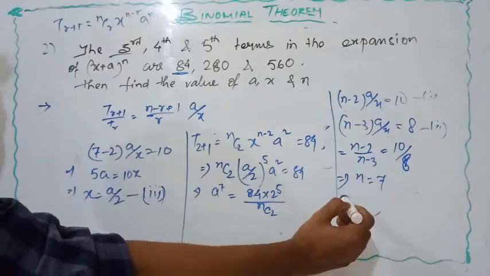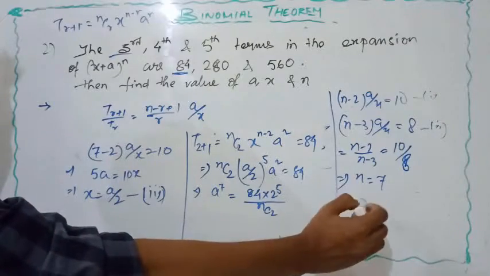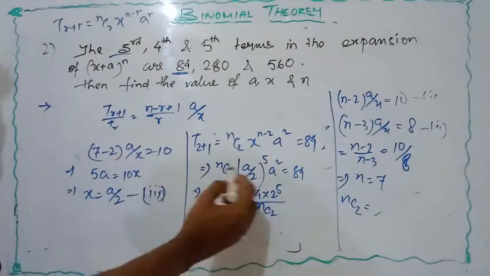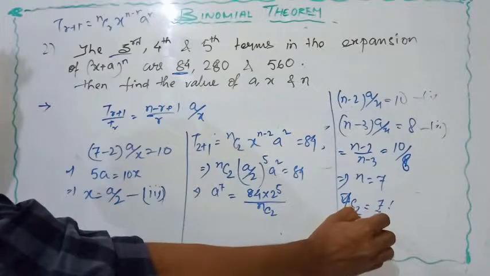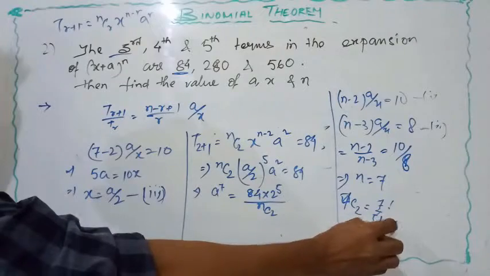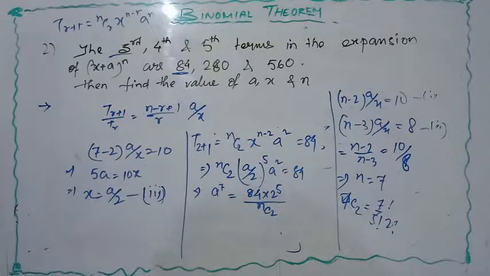What is nC2? nC2, that is 7C2 actually. 7C2 means 7 factorial by 5 factorial into 2 factorial, right?